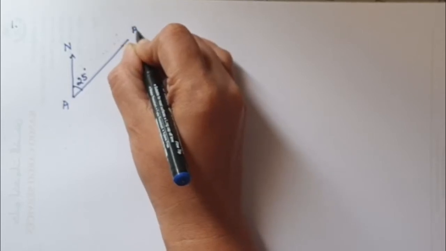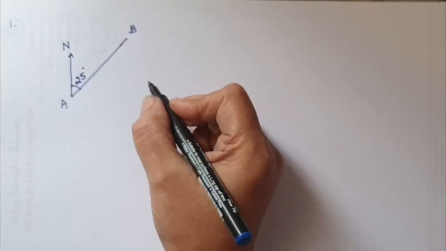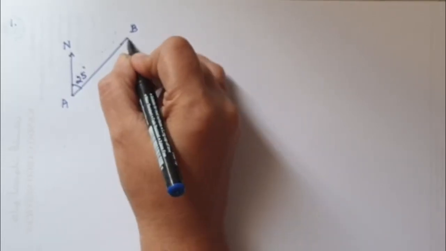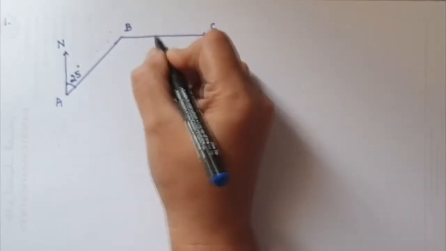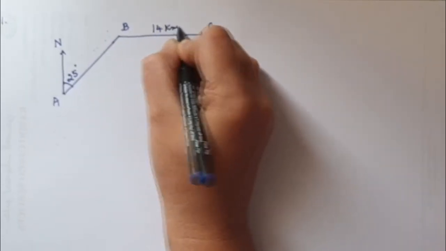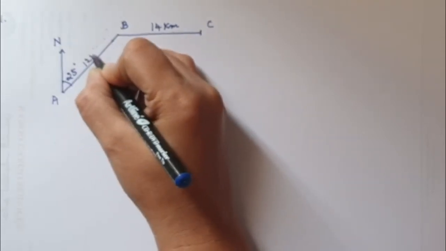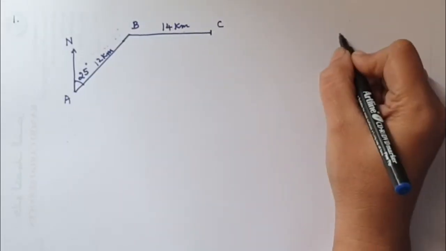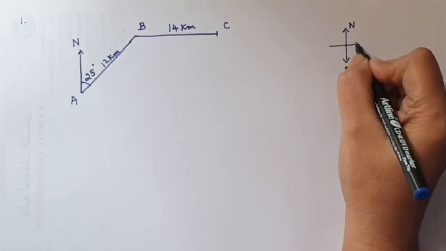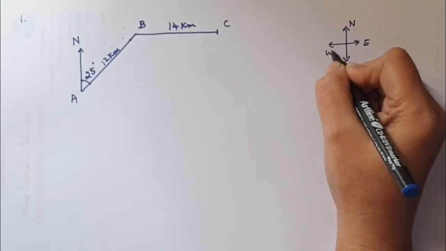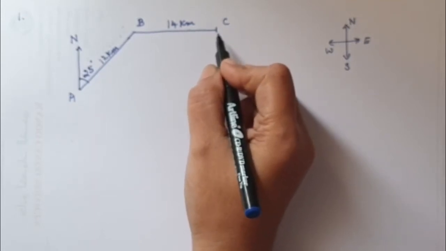This will be B. And then the next part, he travels due east for 14 kilometers to C. Because this is north, this is south, this is east and west, that is why he is traveling east, to the point C.